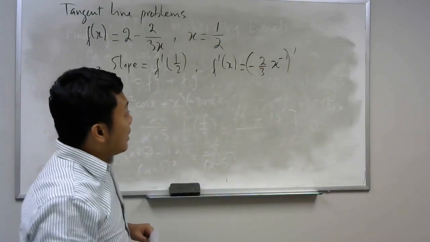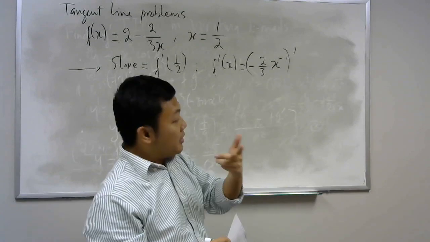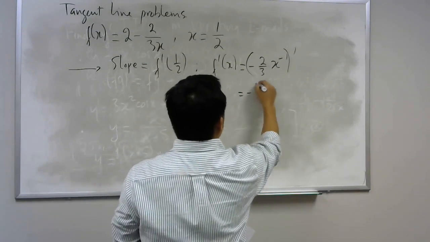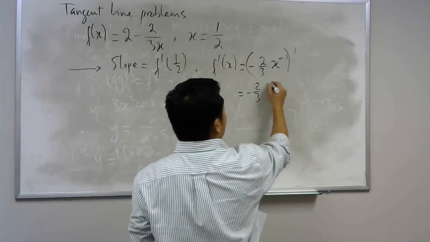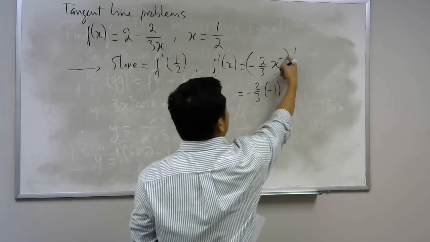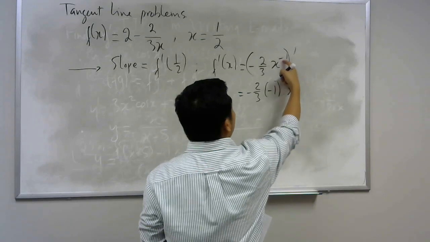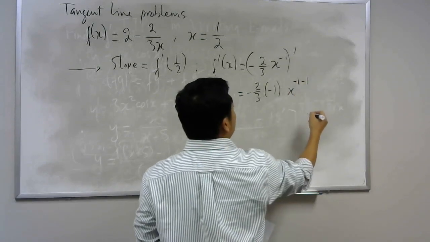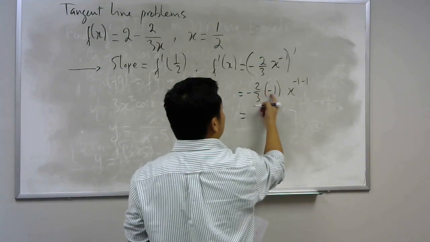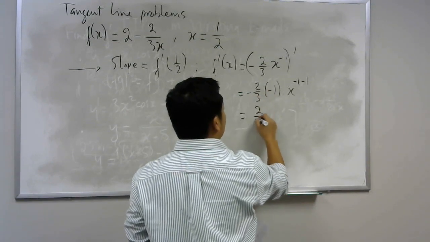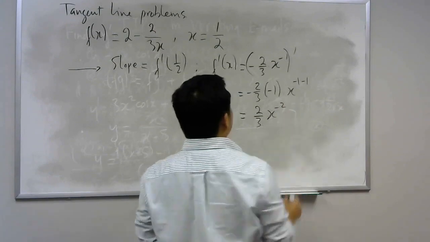You see? Negative 2/3 is the coefficient. We can carry it out. We have negative 2/3, and then for x to the negative 1, we use the power rule. I bring the power down: negative 1, and then I reduce the power by 1. I have negative 1 minus 1. So finally, negative with negative would be plus, so I have 2/3, then x to the negative 2.